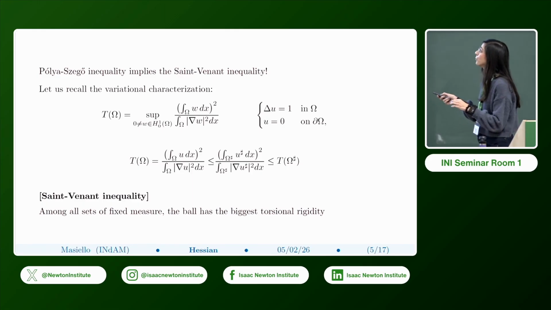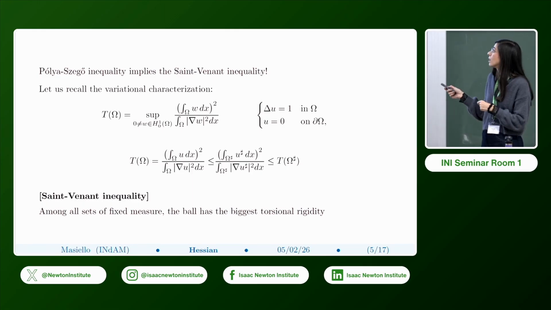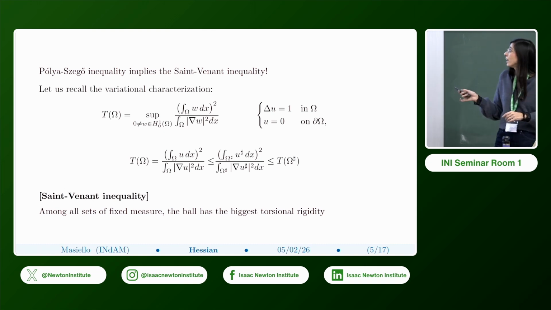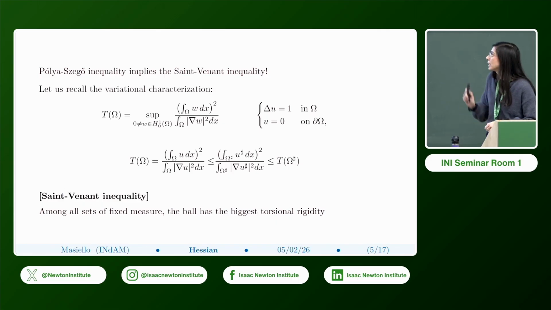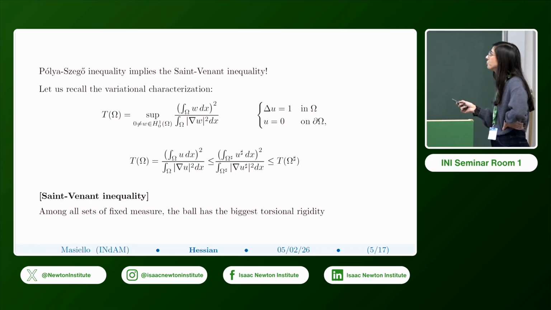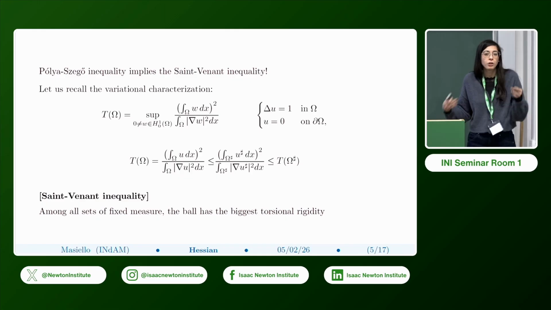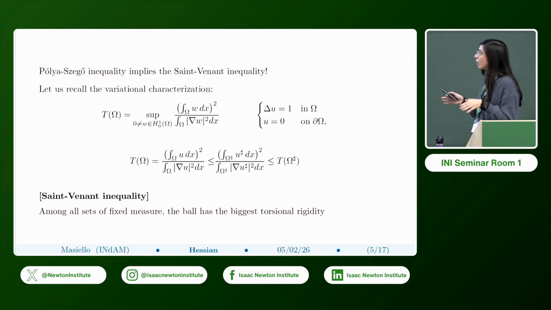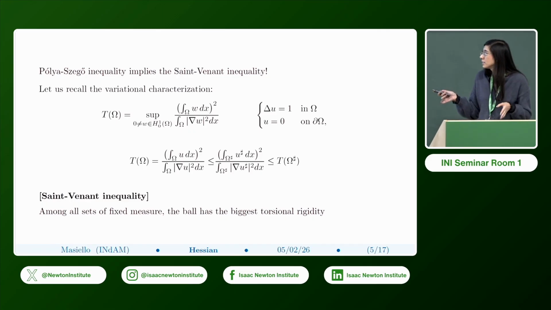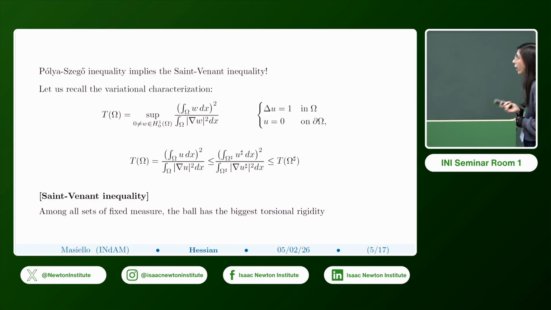Indeed, this problem admits a maximizer, because the solution to this PDE maximizes this Rayleigh quotient. Since you can apply the Schwarz symmetrization to this function, needing only a measurable function, you can symmetrize it, obtain something that is admissible on a ball, and prove the Saint-Venant inequality.